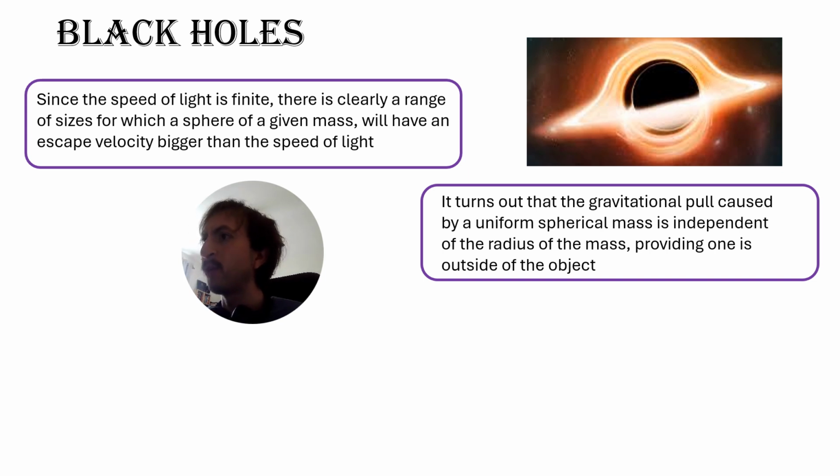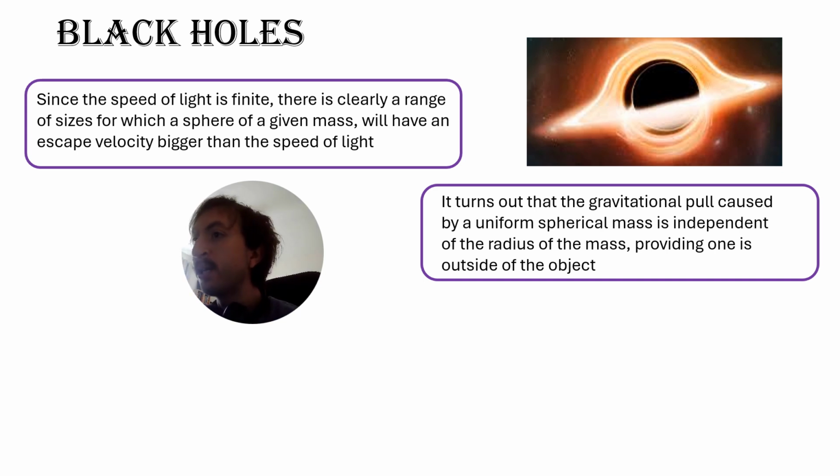Because the object has now collapsed past, well, beyond that point, it's shrunk below it. So does this surface still exist? Can we meaningfully talk about it? Because there's now no longer any matter there. But here we can use a nice property of gravity in Newtonian physics.